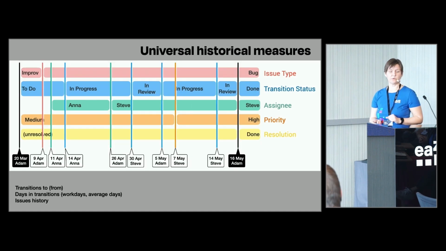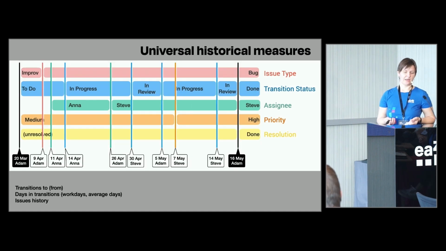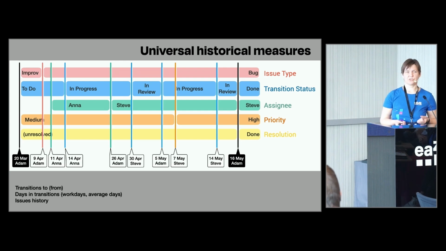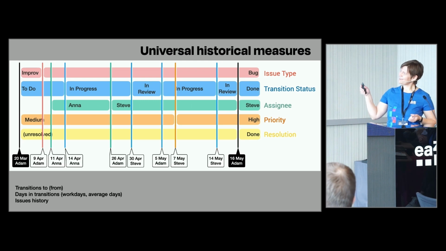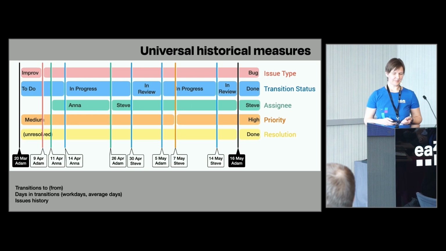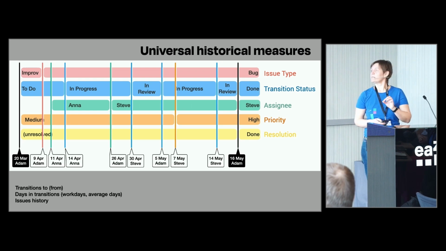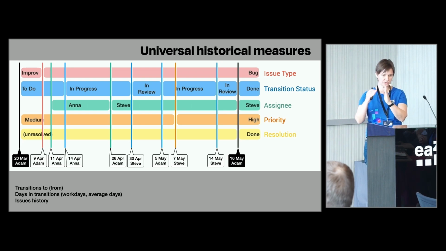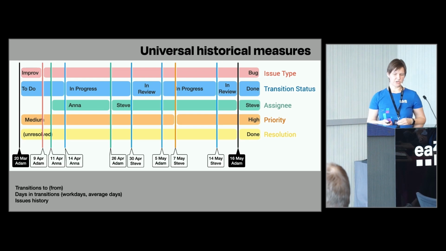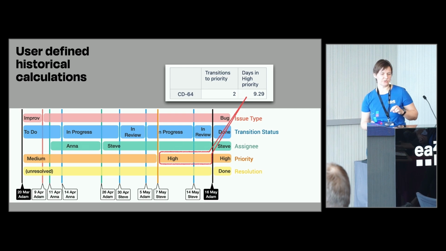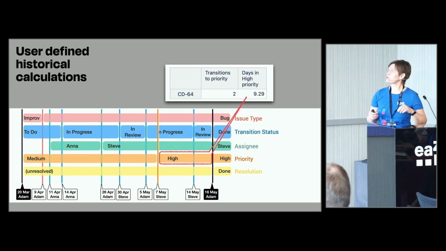And then there are universal measures that are named simply transitions to, transitions from, days in transitions. And those are all the small pieces between all the lines. So we can take any combination of the dimensions and calculate how many days the issue was in that specific combination of dimensions. And also they provide a way to create new measures.